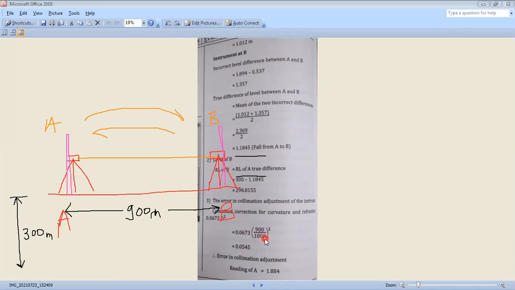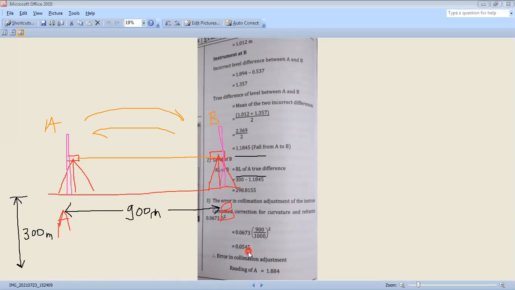So square of 0.9. The value 0.0673 is a constant which will not change. This will remain the same in all formulas. 0.0673 multiplied by 0.9 square will give you the error of curvature as well as refraction.